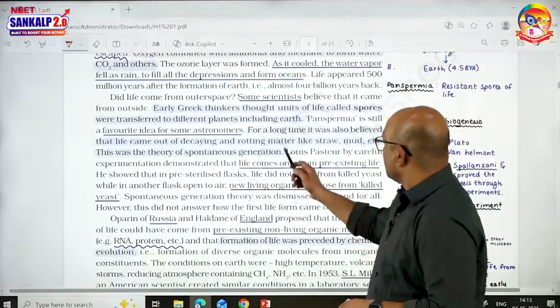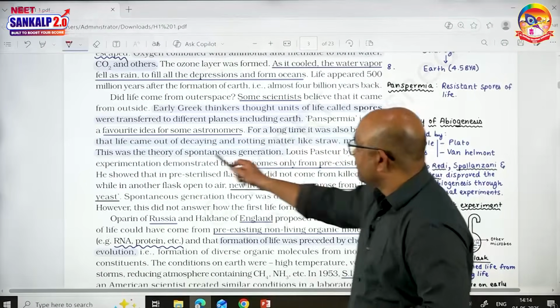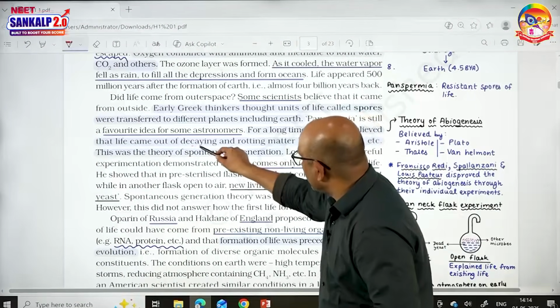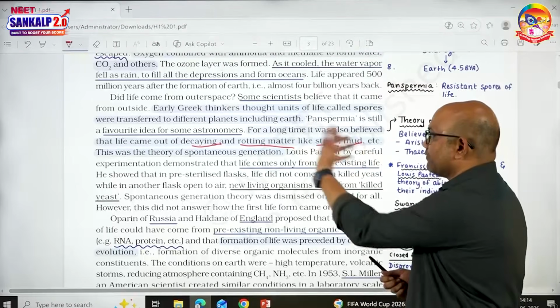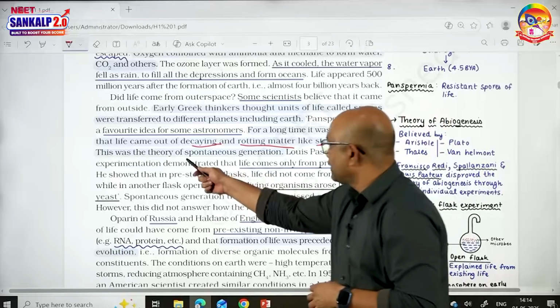For a long time it was believed that life came out of decaying and rotting matter like straw, mud. That means life came out of dead matter. So this theory is called the spontaneous generation theory.